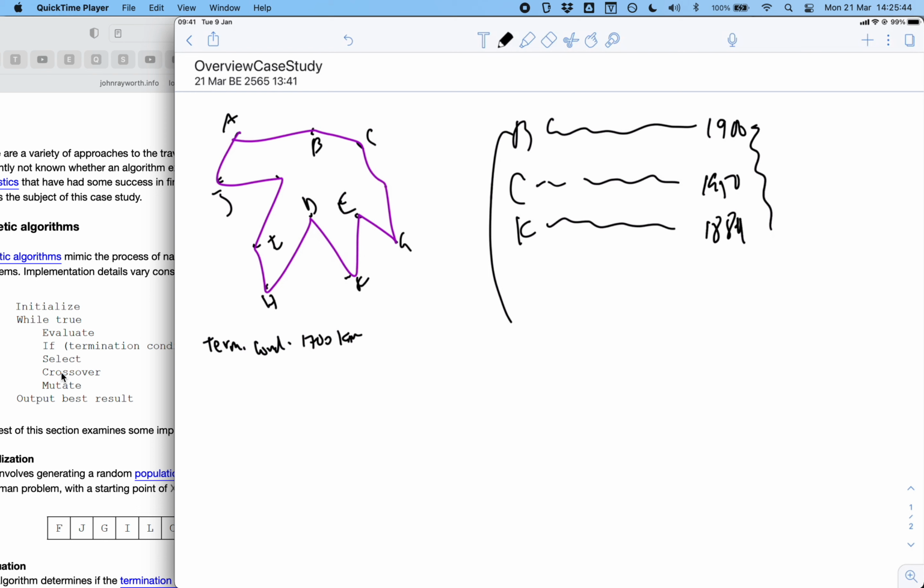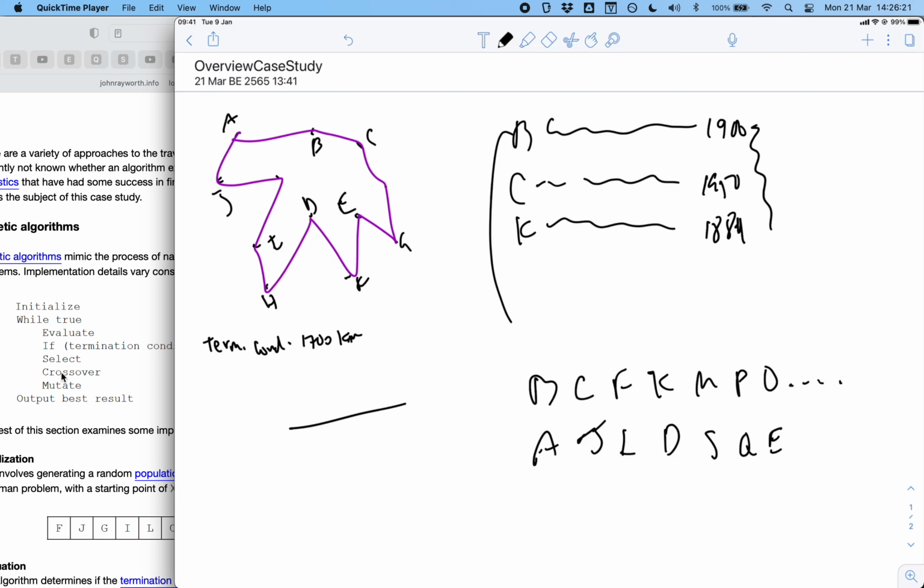But crossing over, if you had B, C, F, K, M, P, O, etc., and you had another A, J, L, D, Q, and E. So we're talking about crossing over, how genes, the one gene and the other gene, you take them and you cross them over.